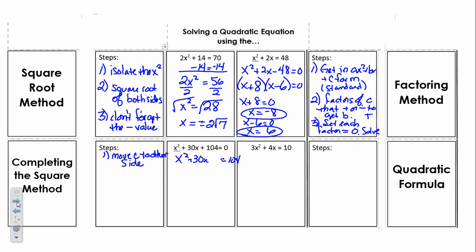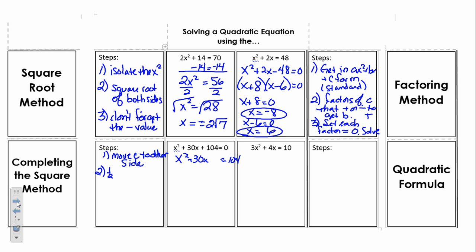What's the next step? Half the middle number squared. And if you want to write it as half the middle number squared or half of b, because you don't have a lot of space, either way, whatever works for you that you'll remember.